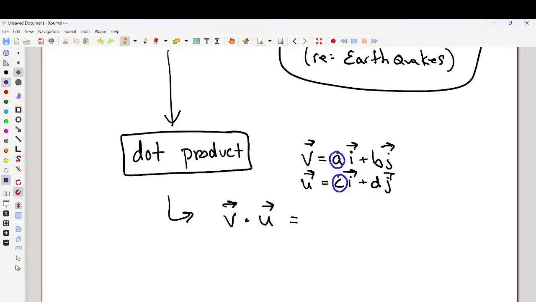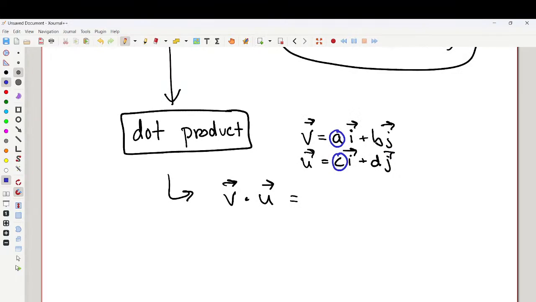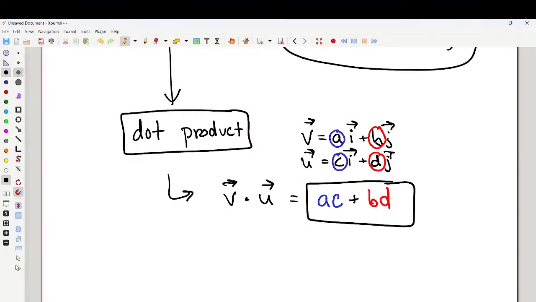And if you're asked to find their dot product, it's A times C, plus take their vertical components, B times D, multiply them, and then add: AC plus BD. That's it.